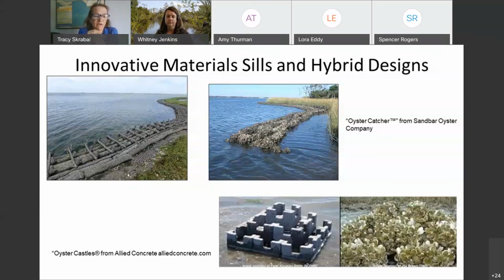The one on the left is Pine Knoll Shores Aquarium, and it has been extremely successful. The bottom one is Oyster Castles. Again, each of those little structural elements are sold individually, and they sort of fit together like Legos in all kinds of different design options. And where they are placed correctly, you see the kind of oyster growth that you can expect to see on these structures themselves.